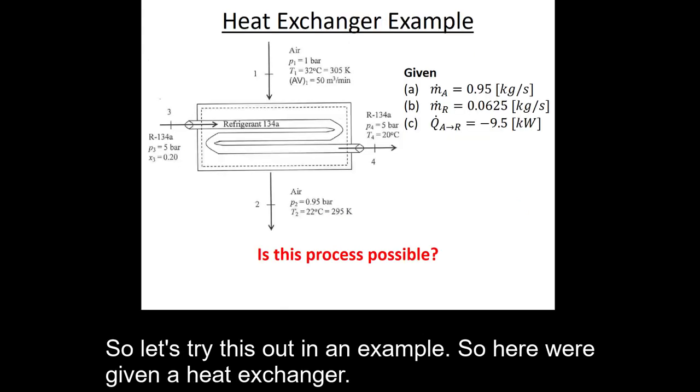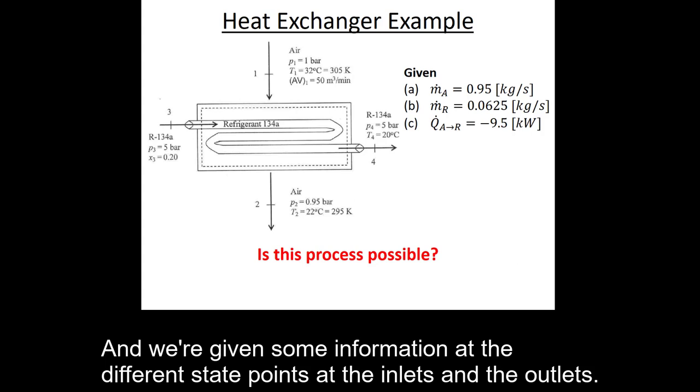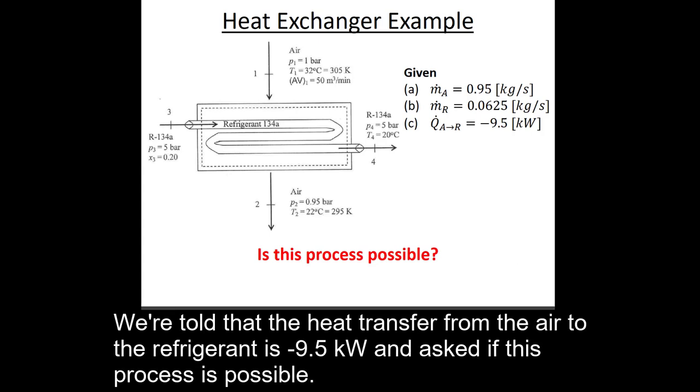So here we're given a heat exchanger. We're told something about the mass flow rates of air and the refrigerant, and we're given some information at the different state points at the inlets and the outlets. We're told that the heat transferred from the air to the refrigerant is negative 9.5 kilowatts and asked if this process is possible.